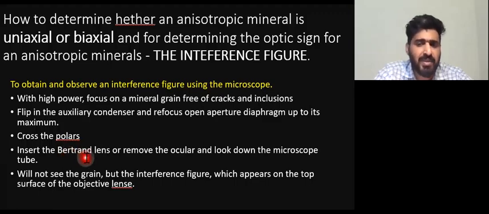You need to insert the Bertrand lens or remove the ocular. If the Bertrand lens is not functional, you have to remove the ocular. You won't get a magnified view, but you still get the interference figure that can be seen through the microscope too. You'll not see the grain, but the interference figure which appears on the top surface of the objective lens.